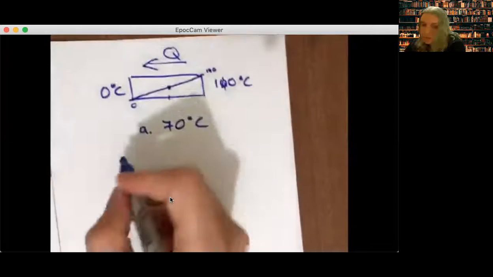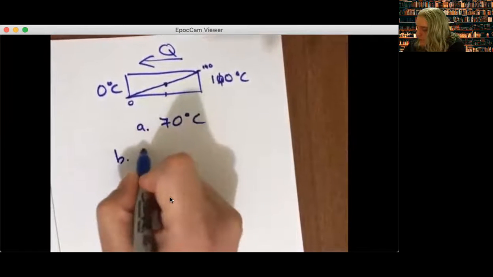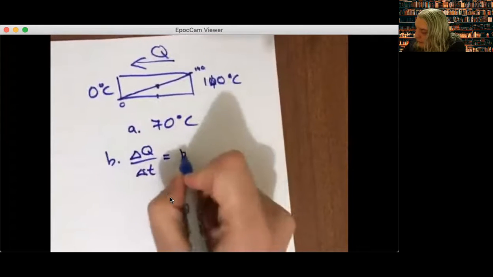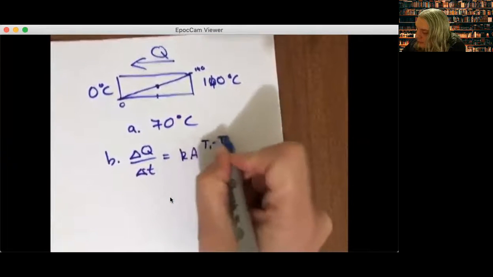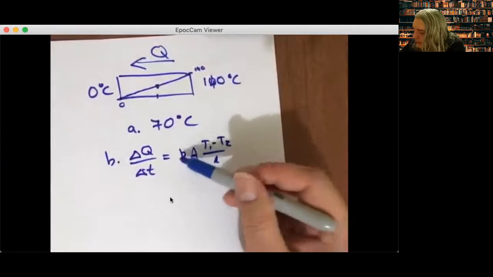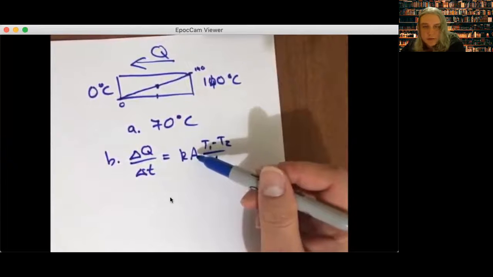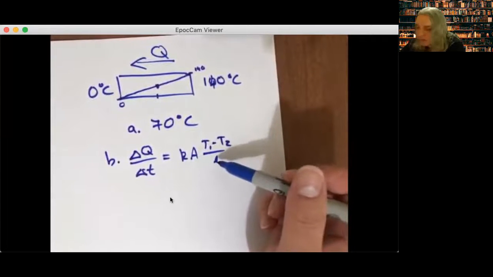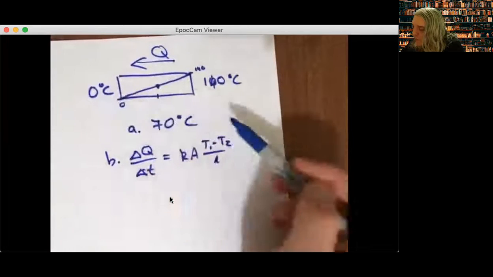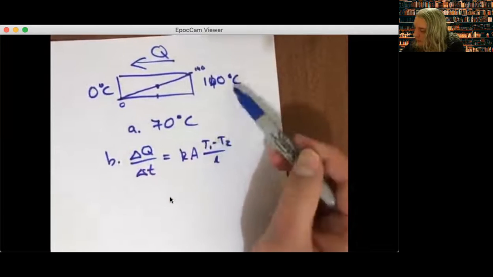Calculate the rate of heat flow. So question B is the rate of heat flow, which is our delta Q by delta T. And we know that that is kA (T1 minus T2) over L. We know all of that. We've been told A is 5 centimeters squared. We've been told L, which is 40 centimeters. We know the 2 temperatures, and when T2 is 0 degrees Celsius, it's easy because this is just 140 in this case.